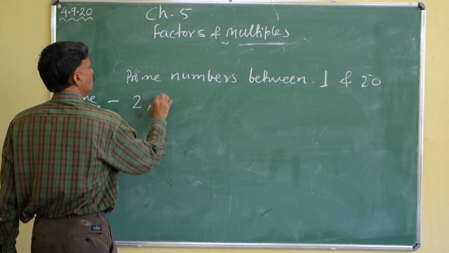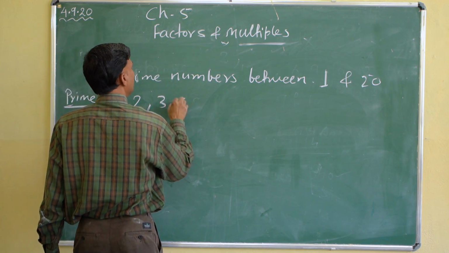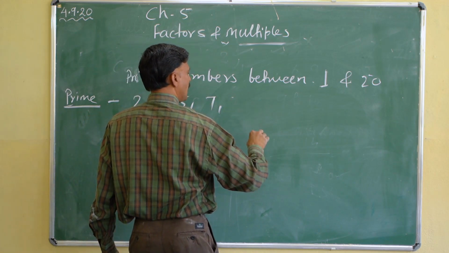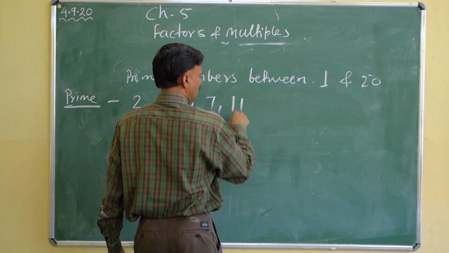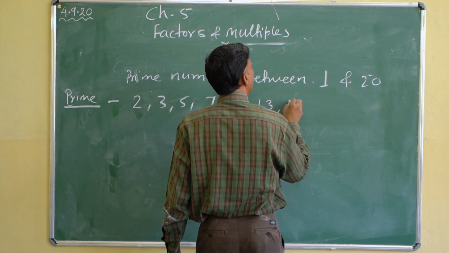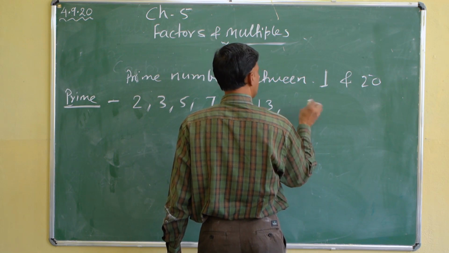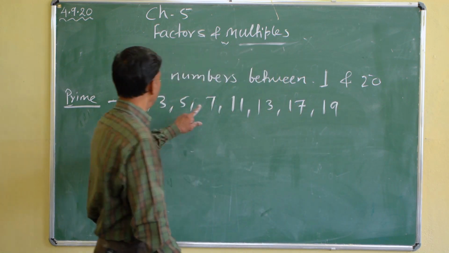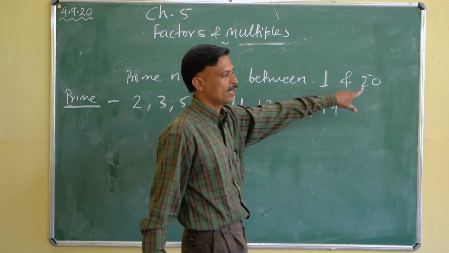Then 3, then 5, 7, then 8, 9, 10, no, then 11, after 11, 13, then 14, 15, 16 no, 17, and 19. So these are the prime numbers between 1 and 20.